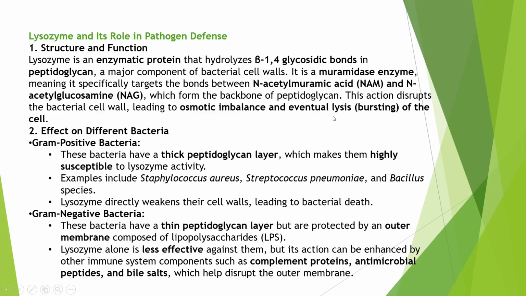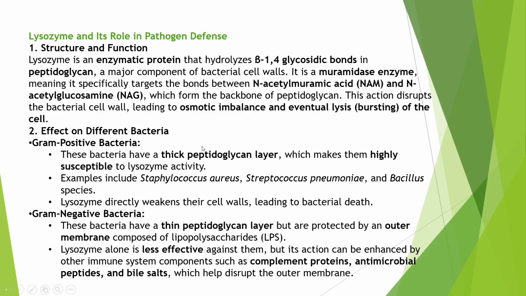This action disrupts the bacterial cell wall, leading to osmotic imbalance and eventual lysis, that is bursting of the cell. So the main function of lysozyme is to break the bonds between NAM and NAG, your glycosidic bonds, leading to eventual lysis of the cell because of increased permeability and osmotic imbalance.